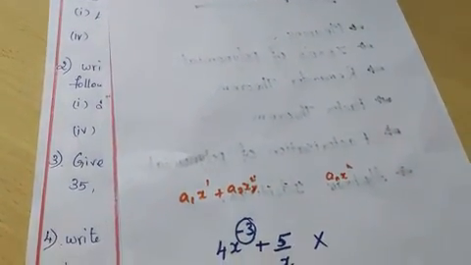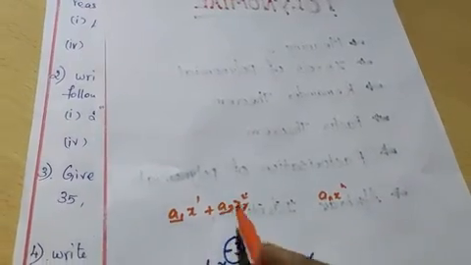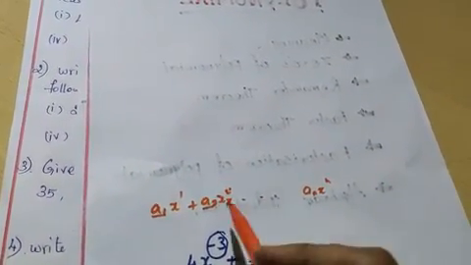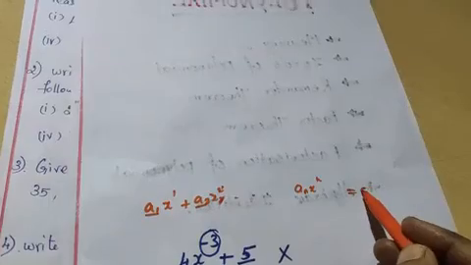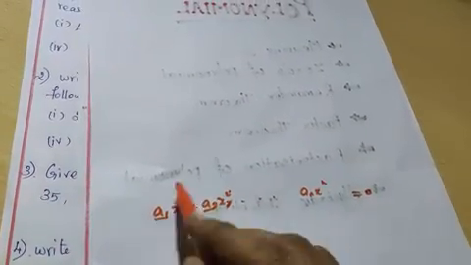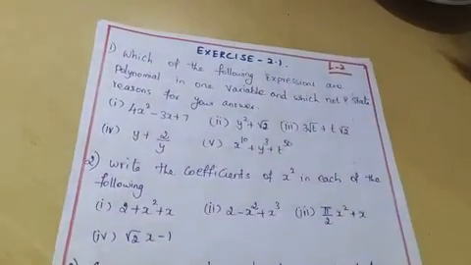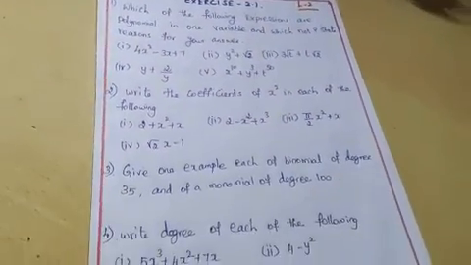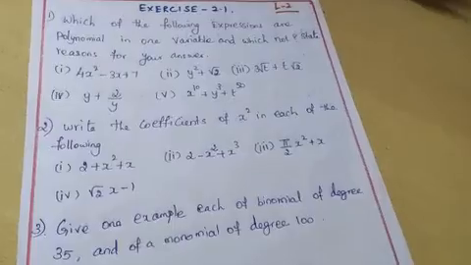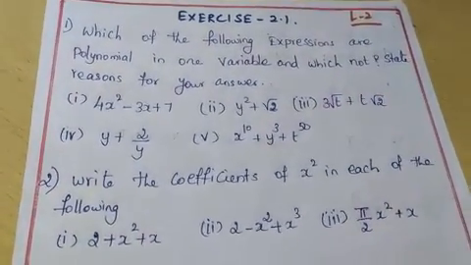So where these a1, a2, a3 values, that is the coefficient values, are equal to 0, then that polynomial is called the zero polynomial. I hope this point is clear, right? That is, where the coefficient value becomes 0, it is called a zero polynomial.